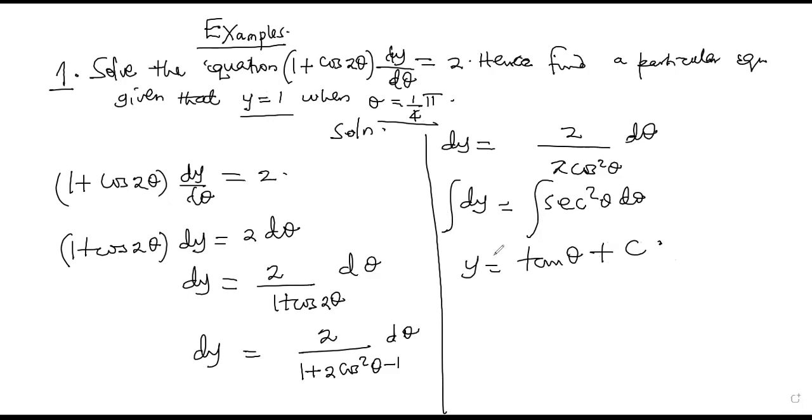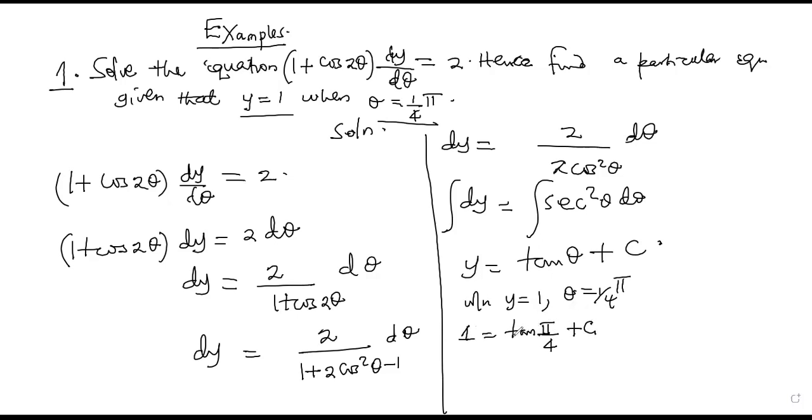So when y is 1, theta is a quarter pi, substitute, so it means that 1 is equal to tan pi over 4, or tan a quarter pi, plus a constant.